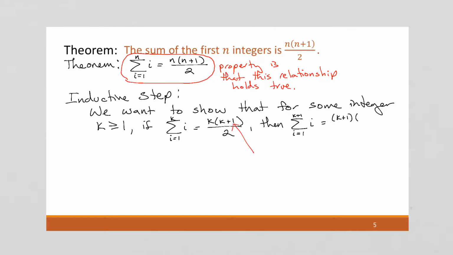If I add a 1 to k plus 1, then I get k plus 2, all over 2. So we are going to want to suppose this in our inductive hypothesis, and we're going to want to show this.